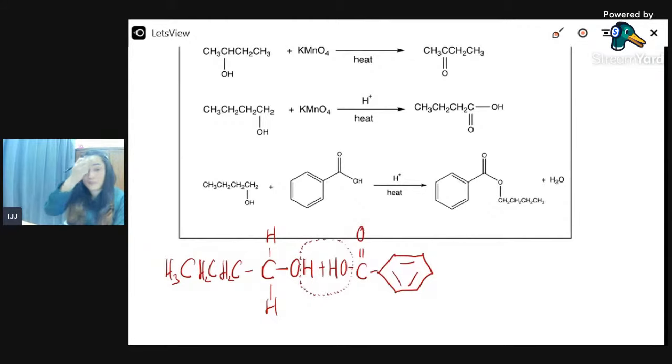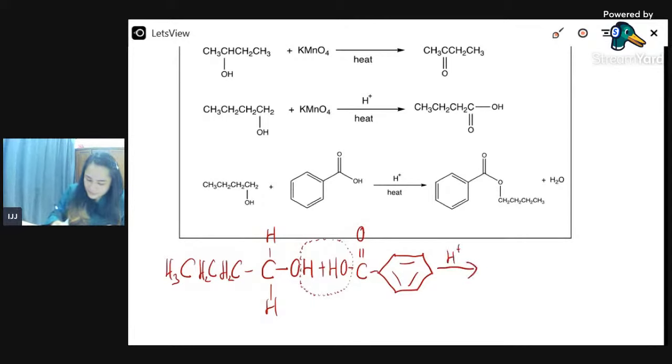So you do it like this because it eliminates OH from your carboxylic acid and H from your alcohol. Then where you eliminate, you join directly and copy it down.